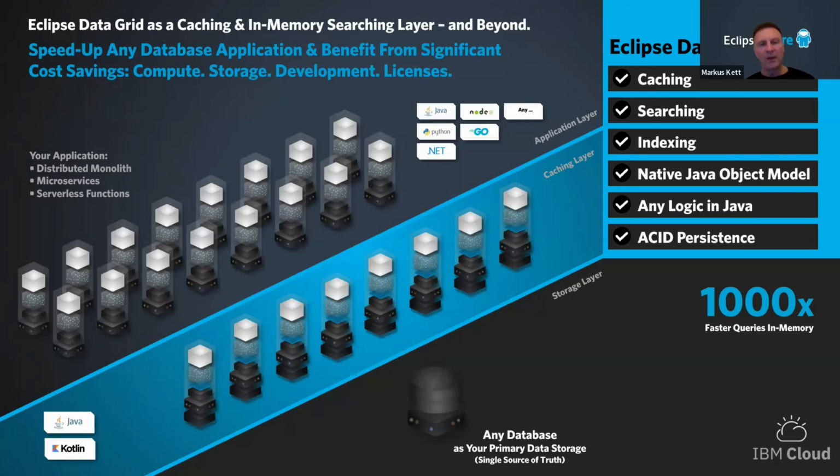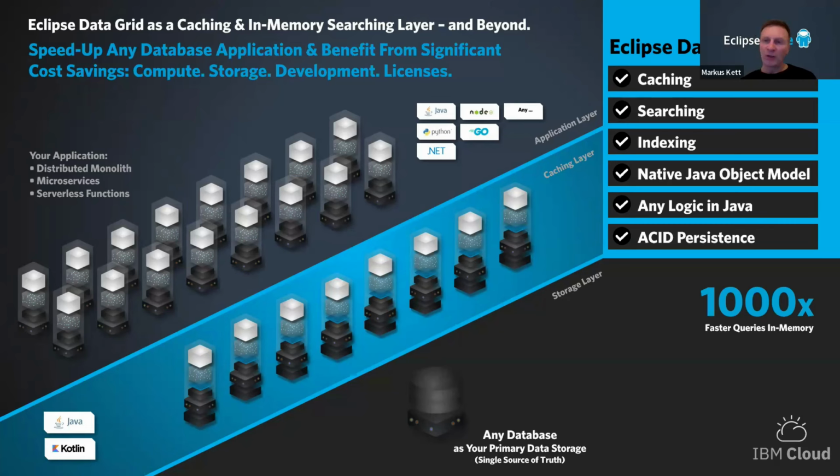Run it between your application and your database as an in-memory data processing system. By using core Java, you're not limited to a key value store. You can use the native Java object model, complex object graphs, any Java types, no mappings behind the scenes, no data conversion, no more JSON conversion, core Java stuff.